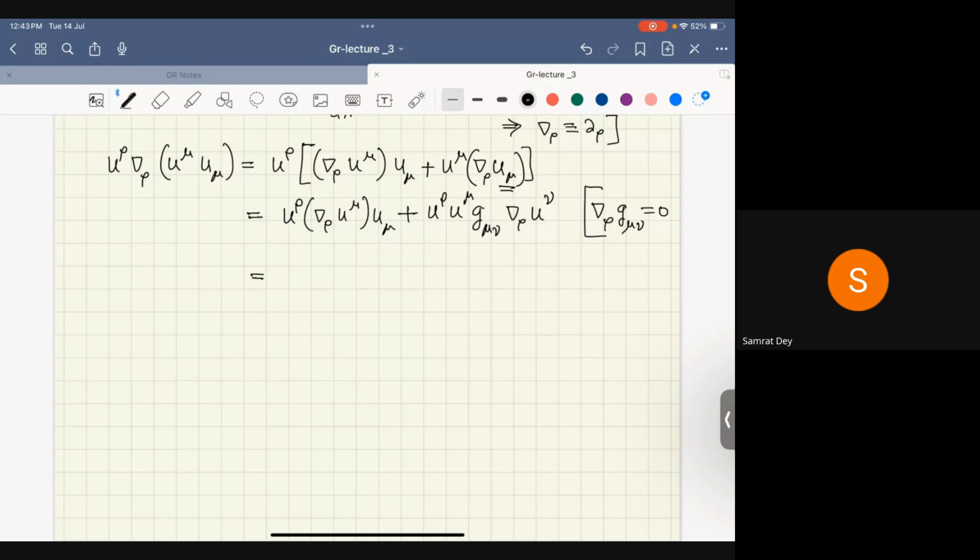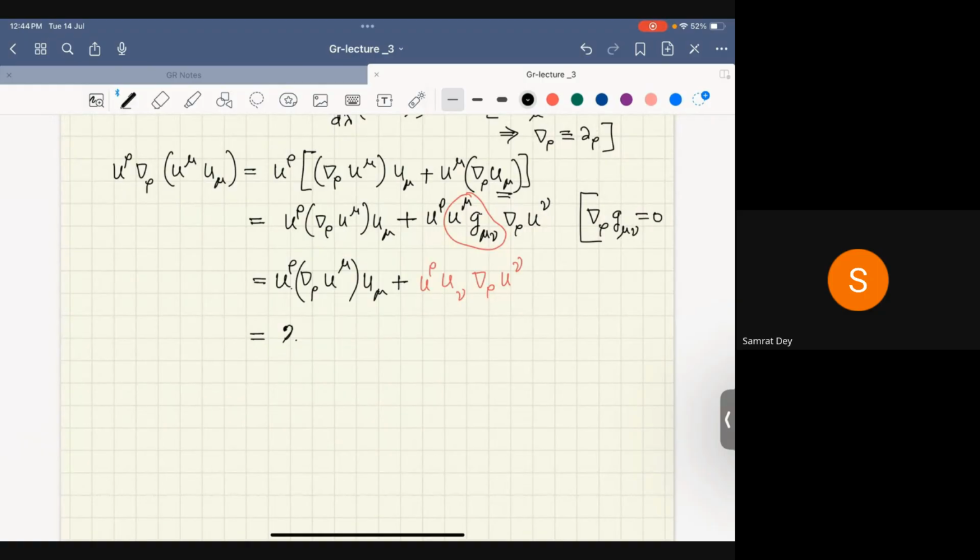So this will therefore become, it will remain as it is, u^ρ ∇_ρ u^μ, plus this now will become g_μν u^μ will become u_ν, u^ρ u_ν ∇_ρ u^ν. Please correct me if I am making any mistake somewhere.